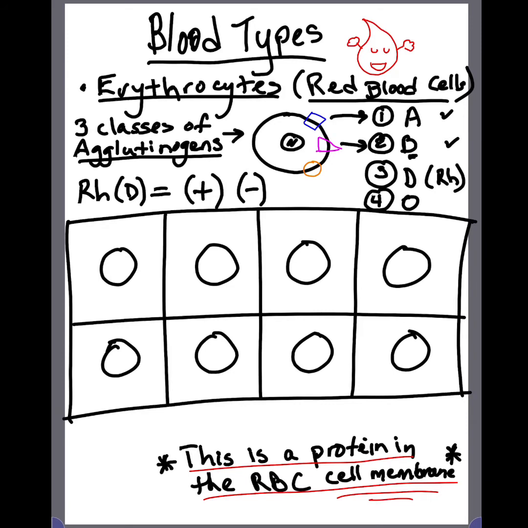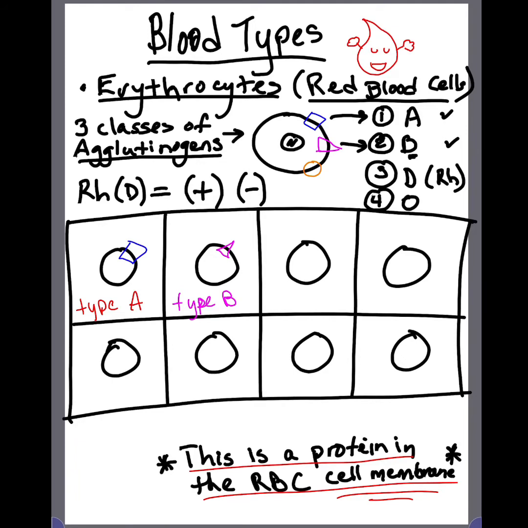So we're going to start with type A. Like I said before, if you have a patient that is type A, it means that this person has type A agglutinogen in the cell membrane of the red blood cell. Then there's the type B. If the person has the agglutinogen B, then this person is type B.